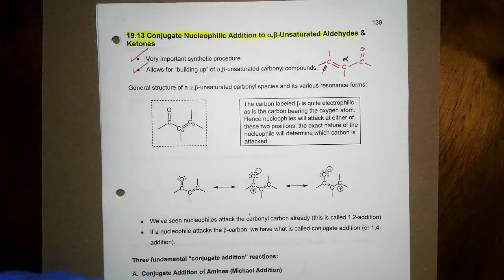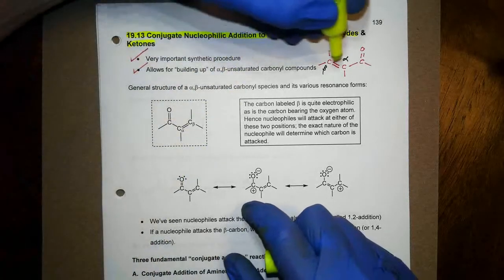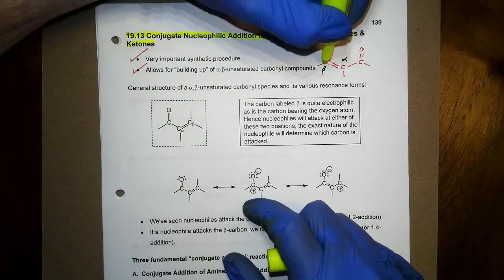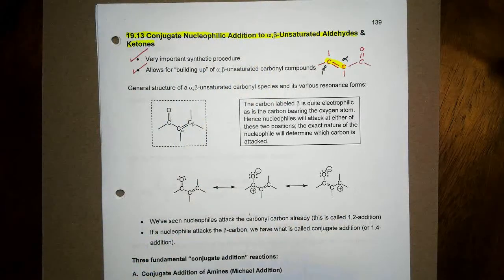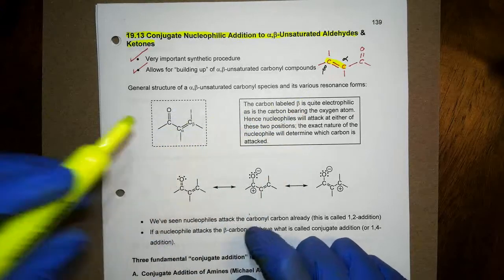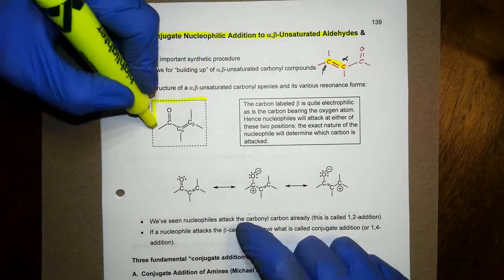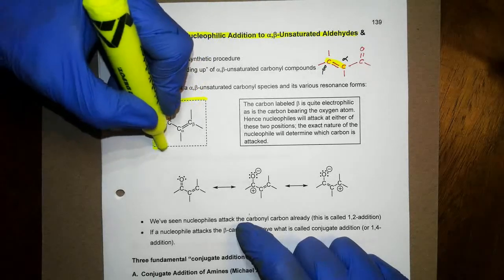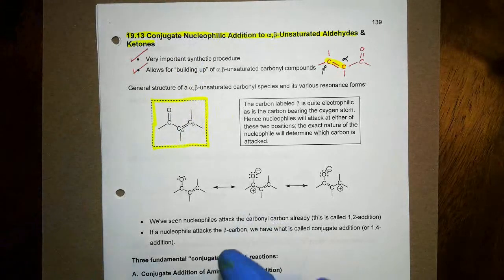So it's an alpha-beta unsaturated carbonyl compound. We use the word unsaturated, we're making reference to having a double bond there. So that's a generic structure. Didn't have to do that because here it is in the box. So if I use the word alpha-beta unsaturated carbonyl species, then you know what I'm talking about.